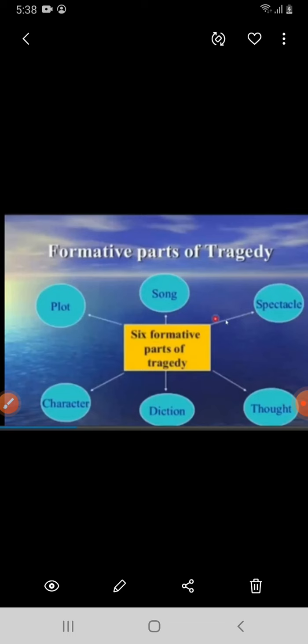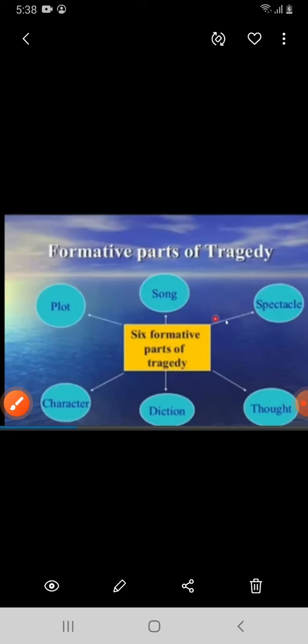It is not a mere combination of incidents. It is a combination and arrangement of incidents that has a proper beginning, middle, and end. It means that all the events and incidents of the main story in the plot are combined with a cause and effect relationship.